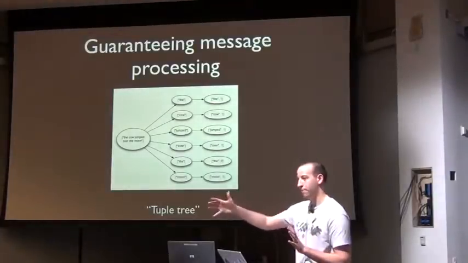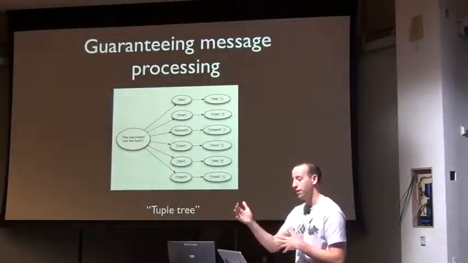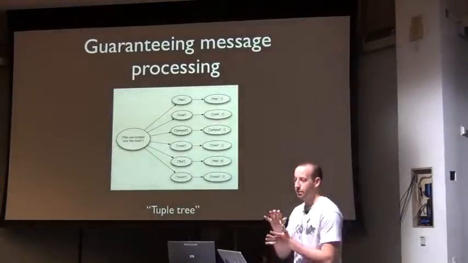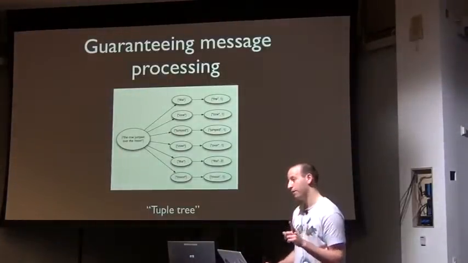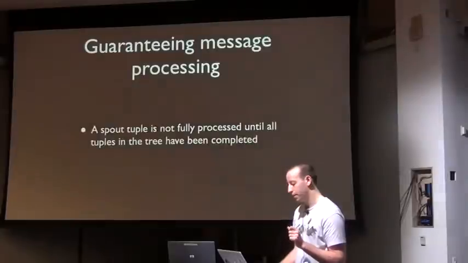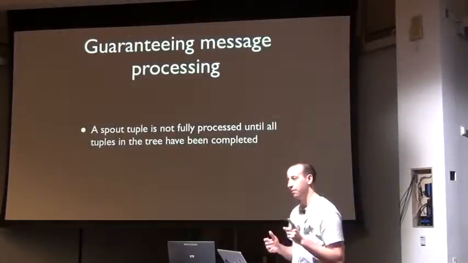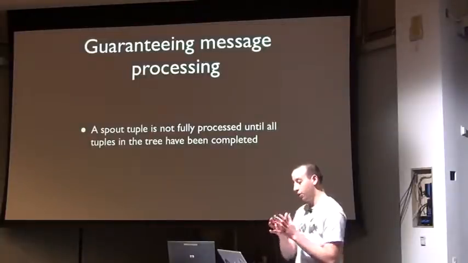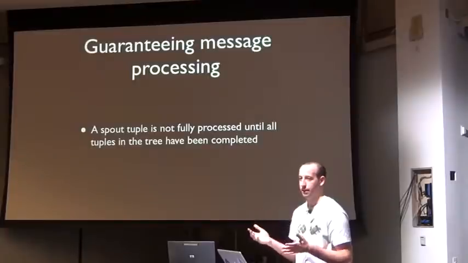And you end up with this tree of messages. The tuples that bolt emits go to another bolt, which emits more messages, and so on and so on. You potentially have a very, very large tuple tree, all triggered by that one original spout tuple. So Storm says that we don't consider a spout tuple to be fully processed until the whole tree has been exhausted and every individual tuple in that tree has been completed.